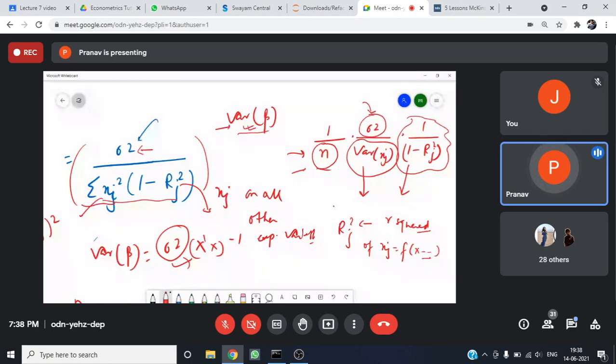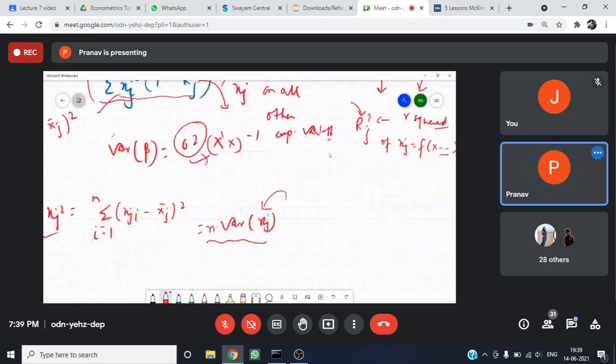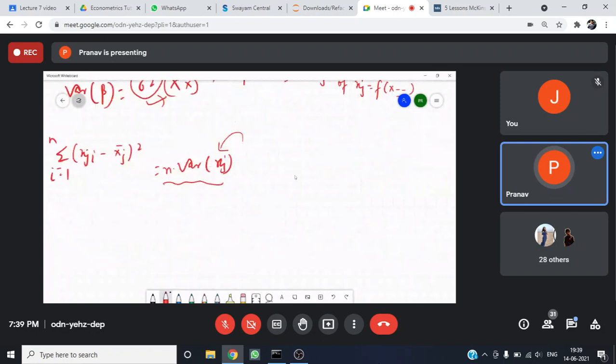So ये जितना ज्यादा उतना ज्यादा ये डिनोमिनेटर कम होगा और उतना ही ज्यादा वेरिएंस ऑफ बीटा हाई होगा। And it is this last term, which is your 1 upon 1 minus r square of jth variable. It is called your variance inflation factor.